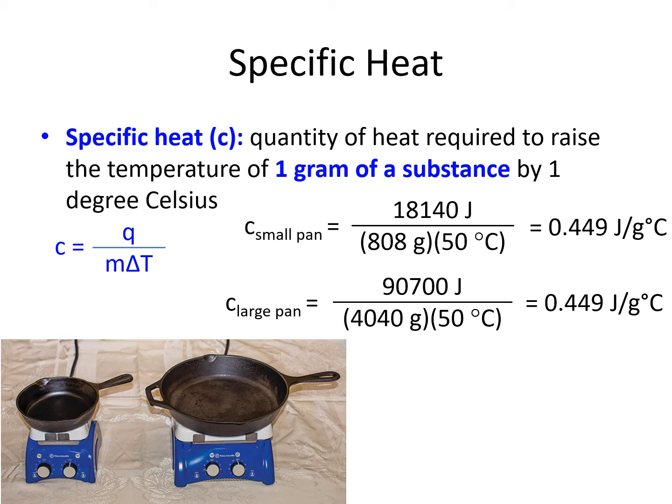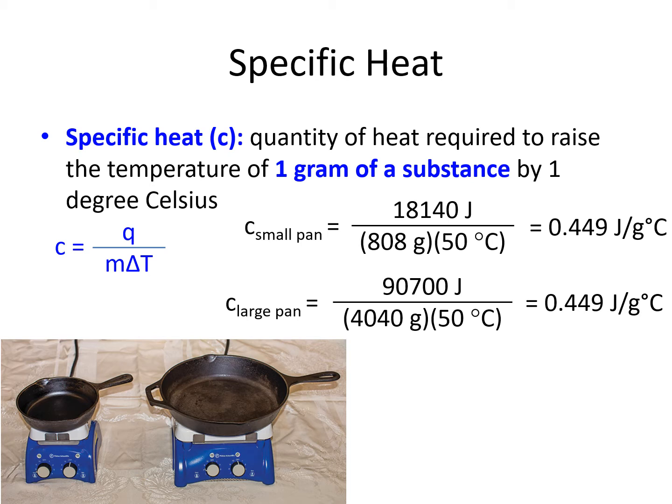So for the small pan, we have a small amount of heat on the top, 18,140 joules, and a small mass on the bottom, 808 grams. And the temperature change is going to be the same for both of them. For a large pan, we have a large heat on the top and a large mass on the bottom.